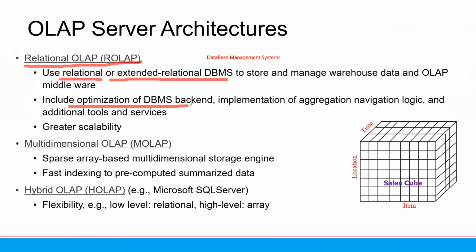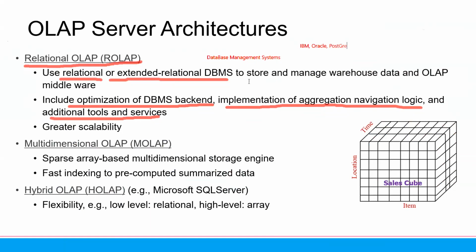It will include the optimization of the DBMS backend, implementation of the aggregation navigation logic, and additional tools and services. So if you use the big DBMS like IBM, Oracle or Postgre, there are many big companies that use the DBMS.